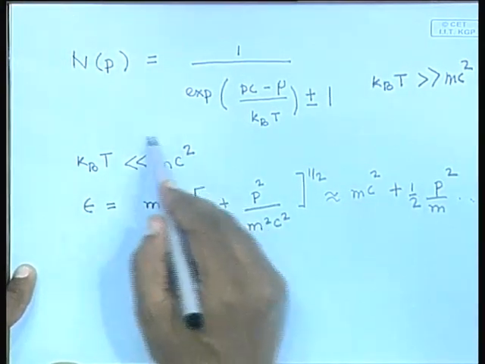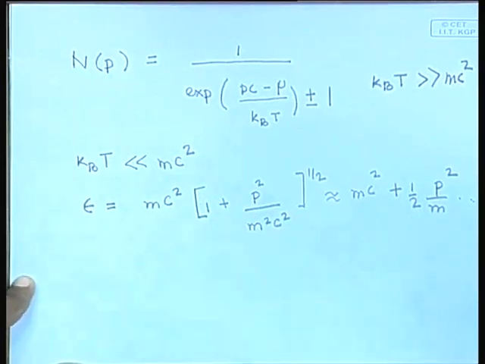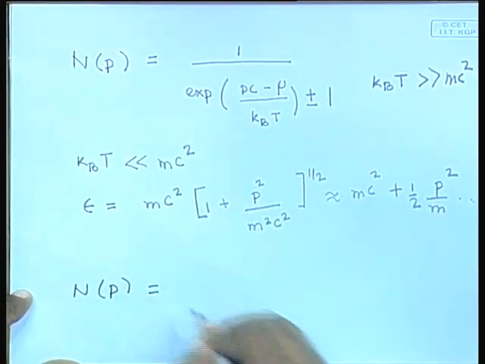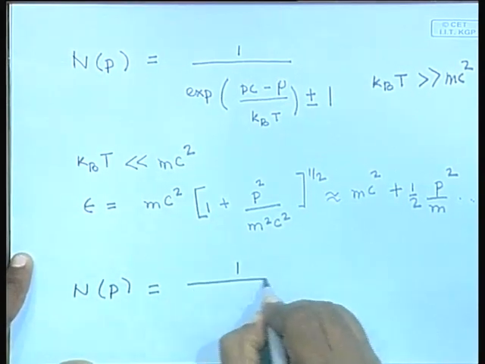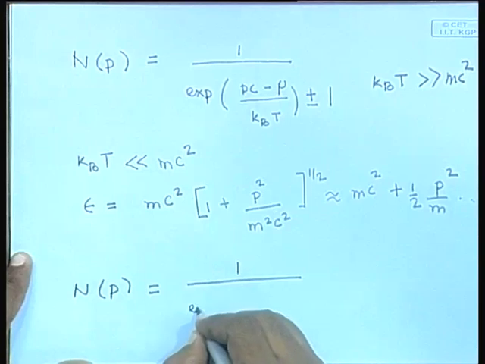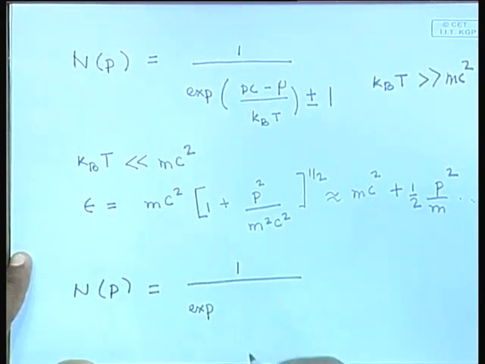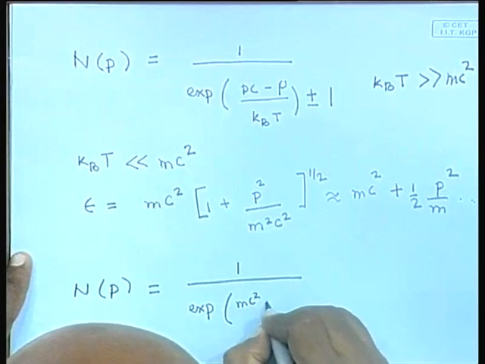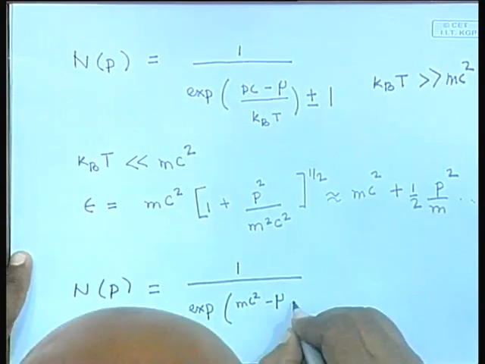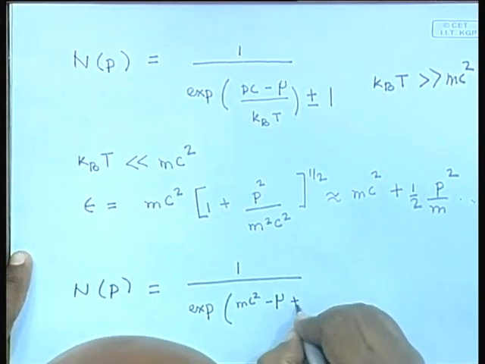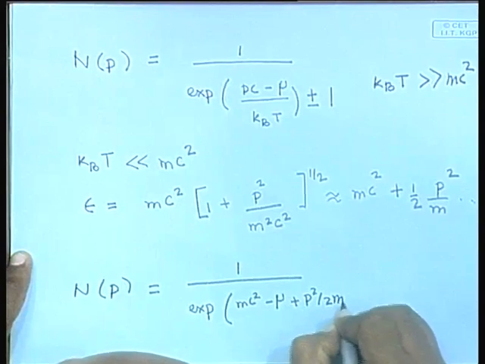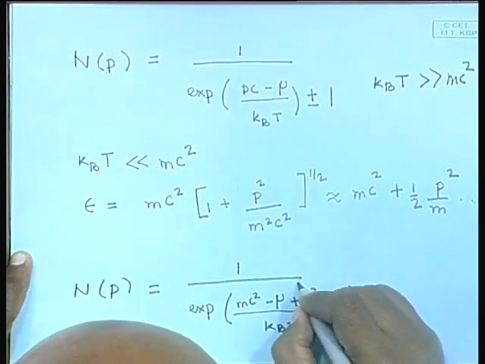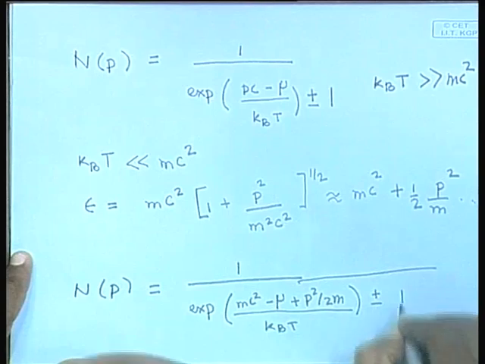So, in this case the occupation number can be written as 1 by exponential of m c square minus mu plus p square by 2m, the whole thing, by kBT, plus or minus 1.